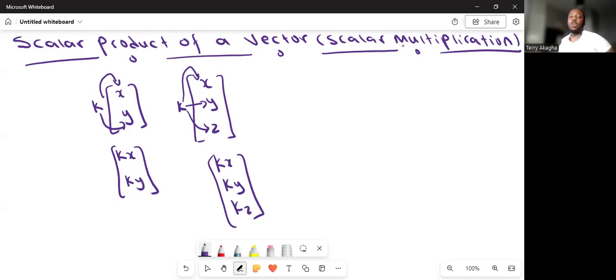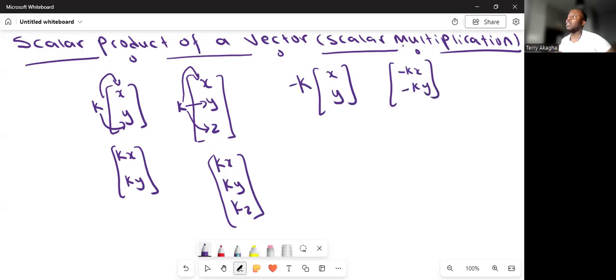Okay, so usually when a vector is multiplied by a scalar quantity, the magnitude of the vector changes in accordance to the magnitude of the scalar, all right? But the direction of the vector remains unchanged, except if you're multiplying by a negative scalar quantity. So that means if the k is negative, and you have x and y, you're going to have minus kx and minus ky.